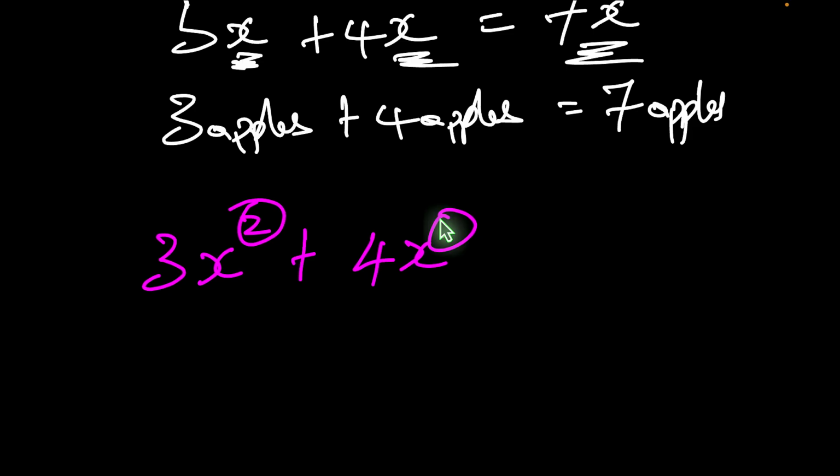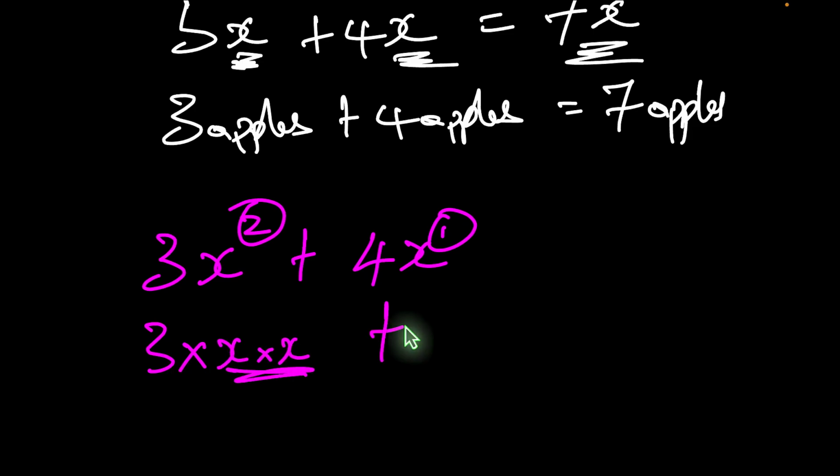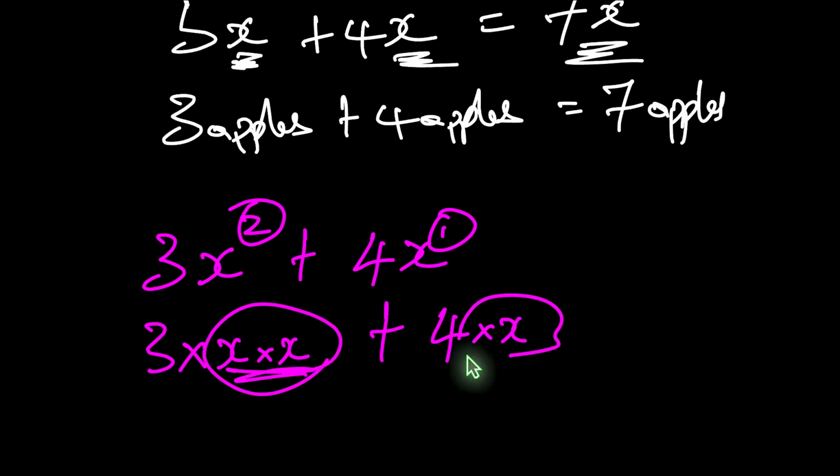So these two have different powers, which means they are unlike terms. The x squared means 3 times x times x, whereas the 4x is just 4 times x. One of them has a multiple of x's, whereas this one doesn't. So these two are unlike terms.